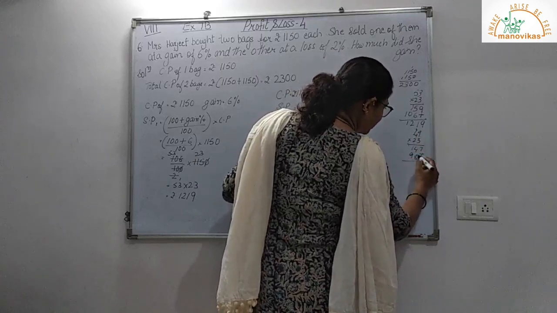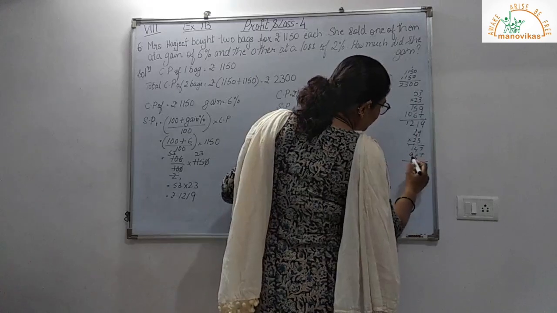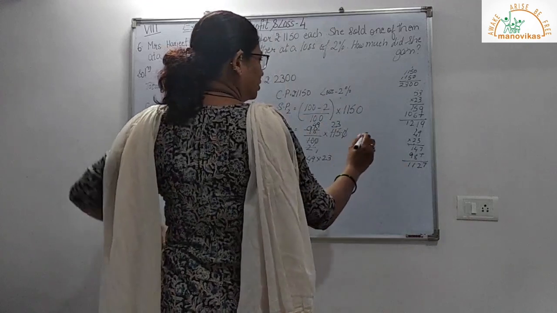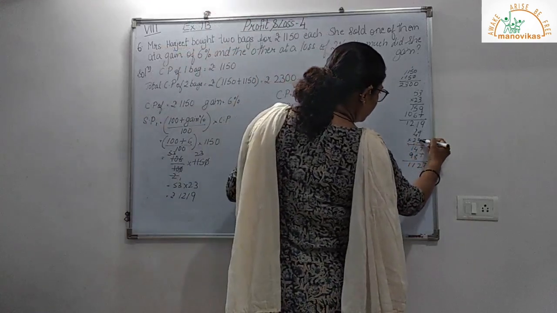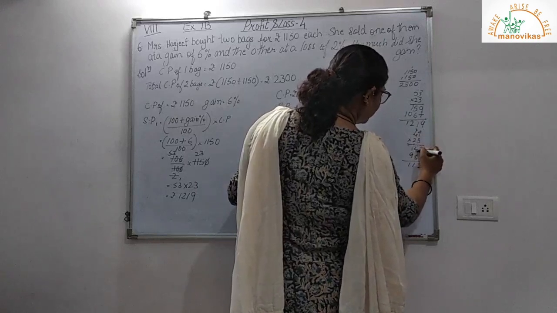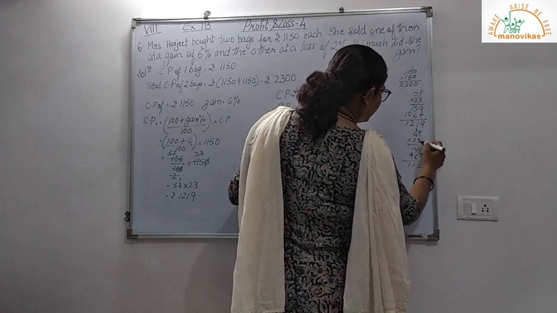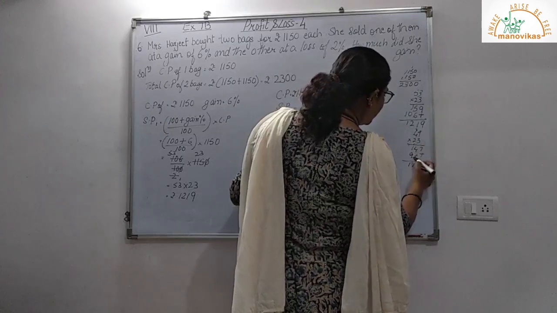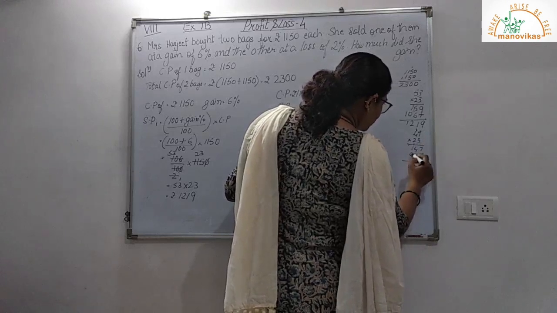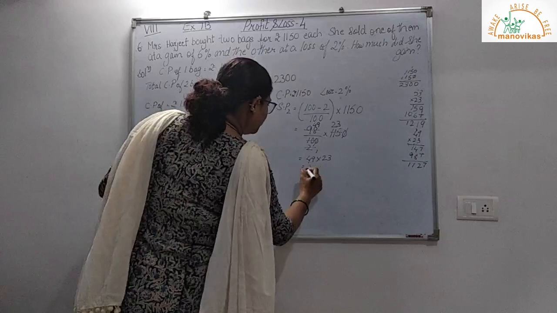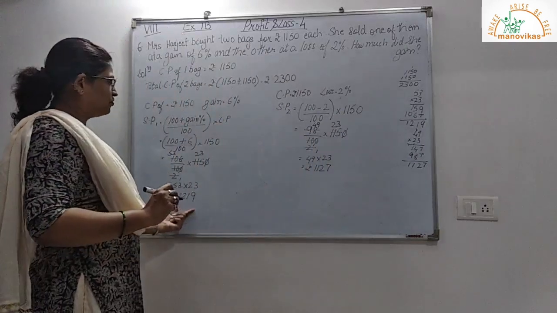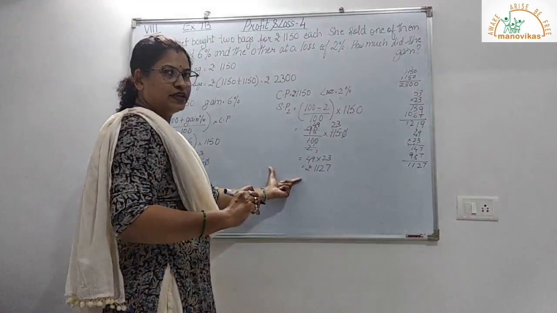So we get 7, 12, carry 1, 9, 10, 11. So it comes to rupees 1127. Now we have the selling price of the first bag and the selling price of the second bag.